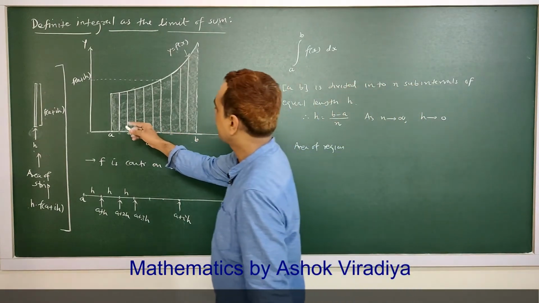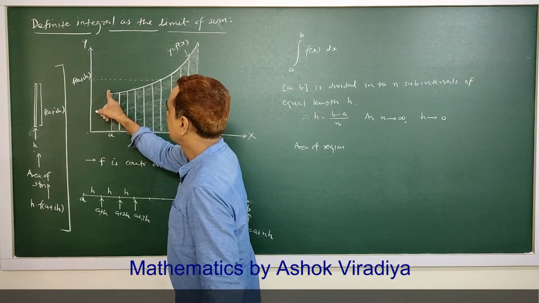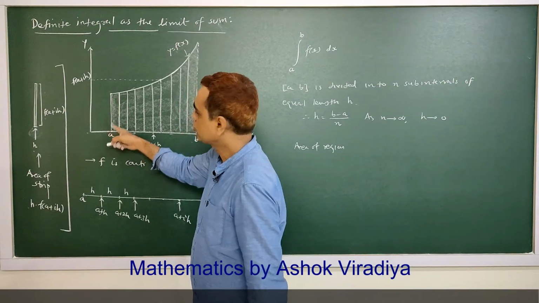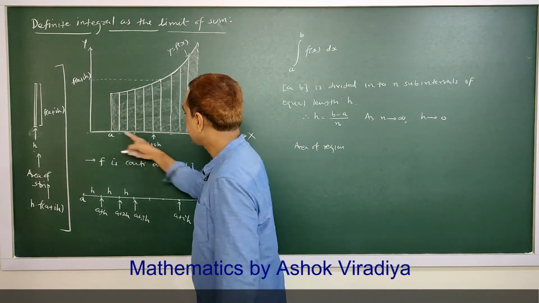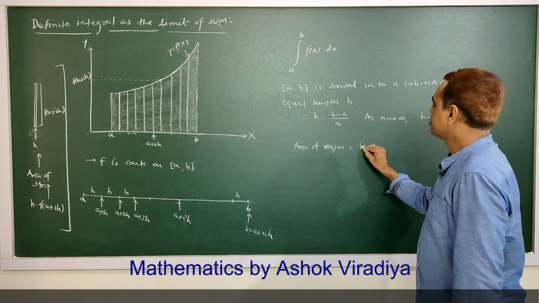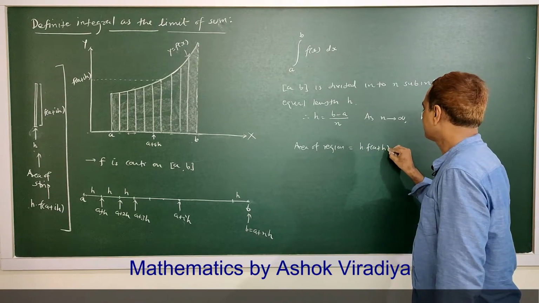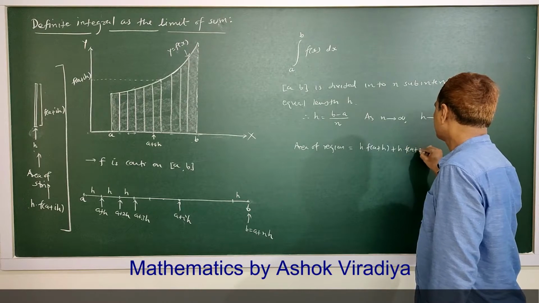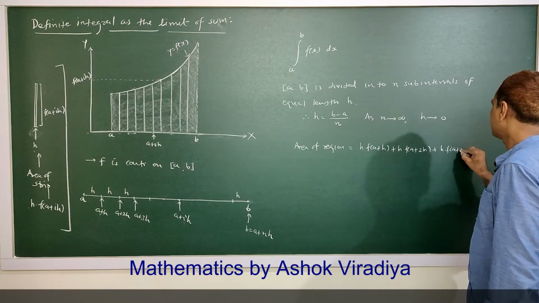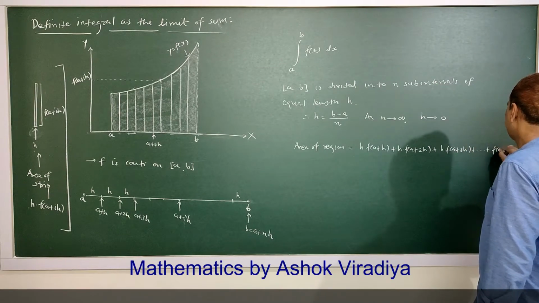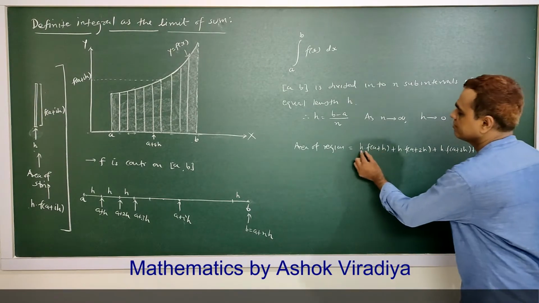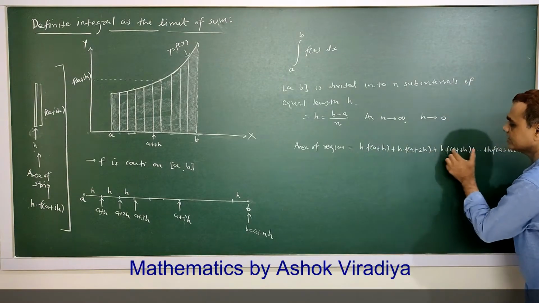This region we denote as, suppose this point is A, this point is B, this point is M, this point is N. So the area of this region ABMN is equal to h into f of a plus 1h, plus h into f of a plus 2h, plus h into f of a plus 3h, up to f of a plus nh. So width into height, width into height, width into height.